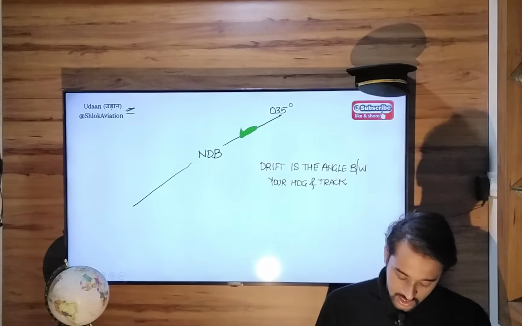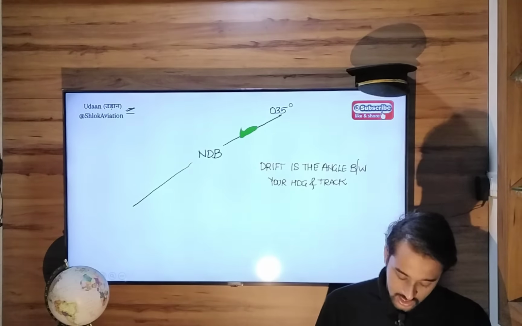So I'll just erase this. Heading is 030. So 030 is a little bit to the left of 035. So 030 is this and this is 035. So now what is the relative bearing?